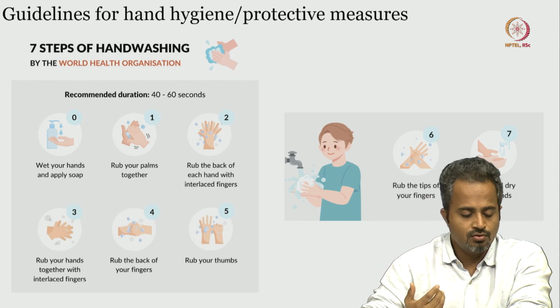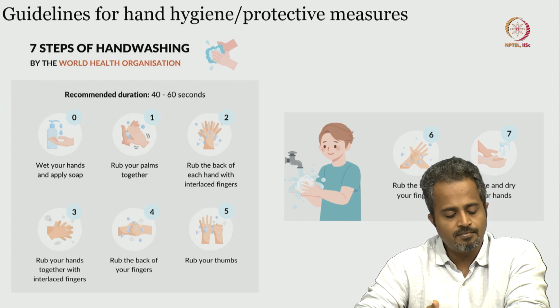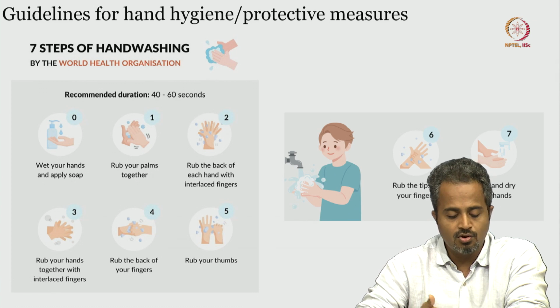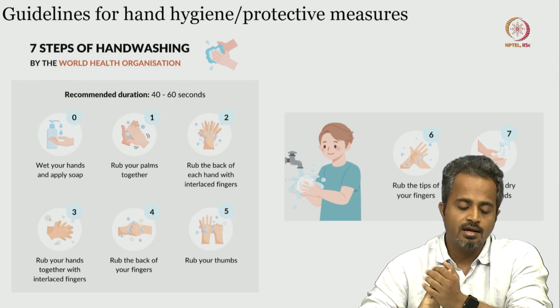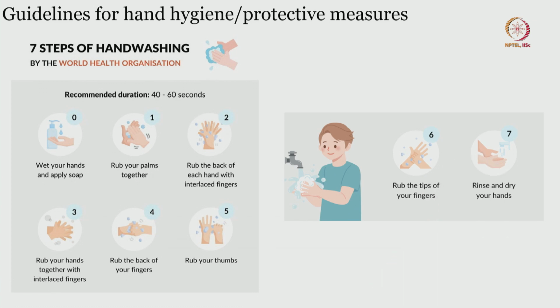Alright. So once you take the soap onto your hand, you need to rub the palms against each other. That's very important. The center of the palm needs to be rubbed nicely, and then the back of each hand with interlaced fingers. That is pretty important here, because the web spaces in between your fingers can harbor a lot of organisms.